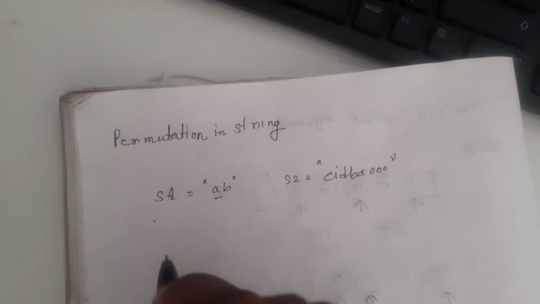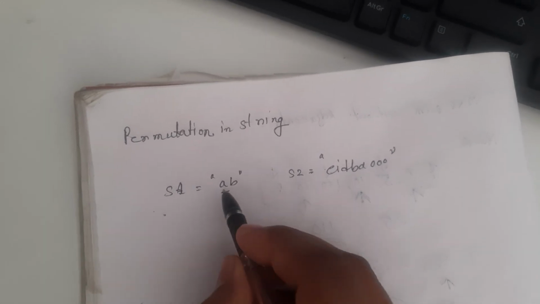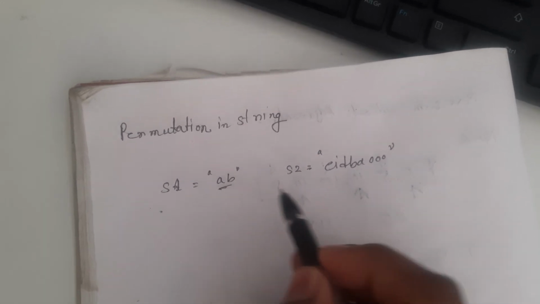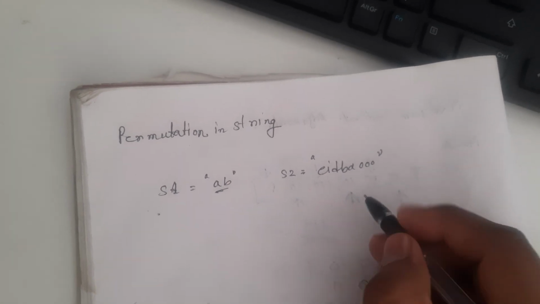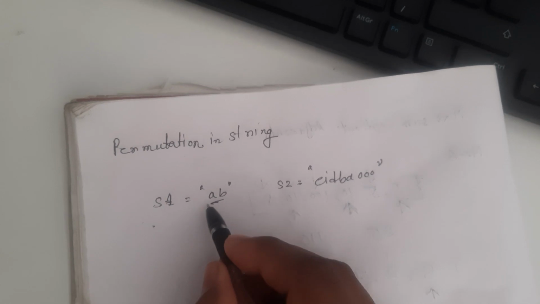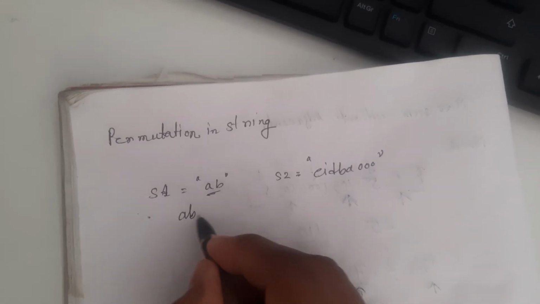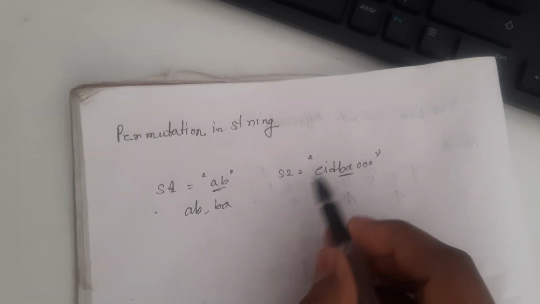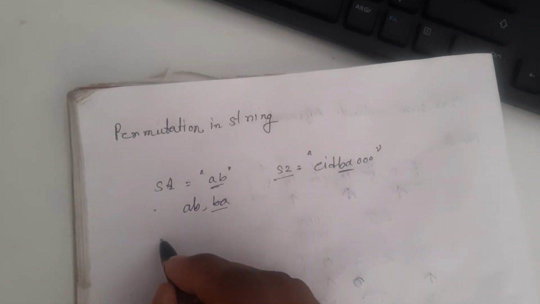You need to return true if any permutation of s1 is a substring of s2, otherwise you need to return false. What are the permutations of ab? ab or ba. You can see that ba is present in the string s2, so that's why it will return true.